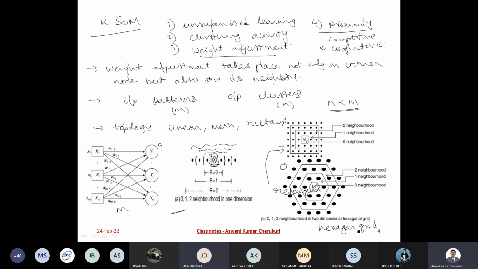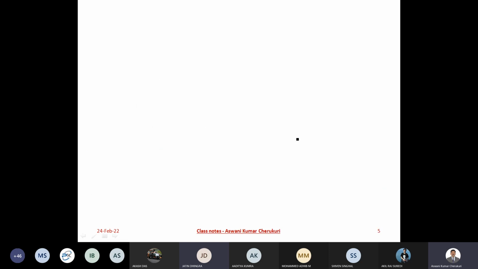Accordingly, you can notice the radius. So in the self-organizing network topology, when you define the radius, the learning takes place not only for the winner node but also for the neighborhood nodes. How the network proceeds we will discuss quickly, and then we will see the algorithm probably in the next class.